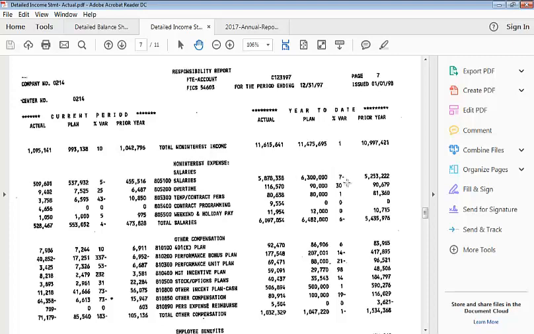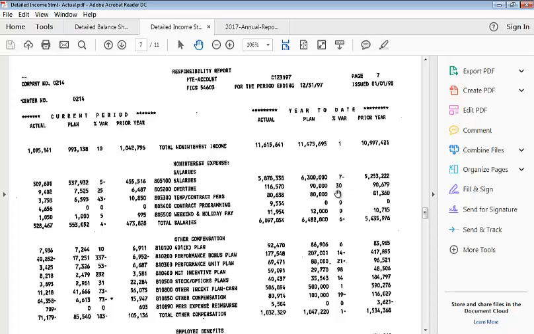Perhaps they had some open positions, and so they're using overtime and maybe some temporary and contract personnel, because they're a little bit over budget there, to make up for the fact that they have some open positions that haven't been filled. But when we talk about management by exception, what we're doing is we're going through all these detailed line items and looking for things that jump out at us as being out of line.